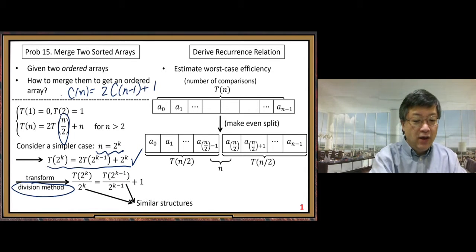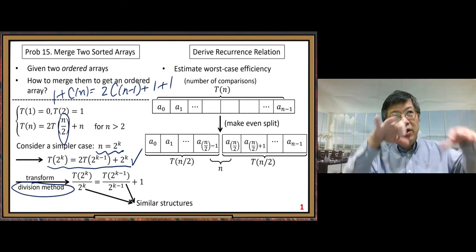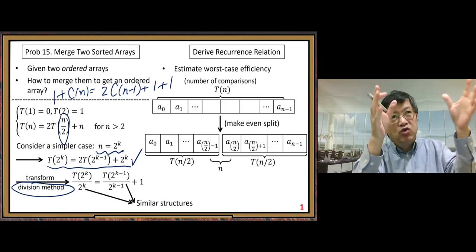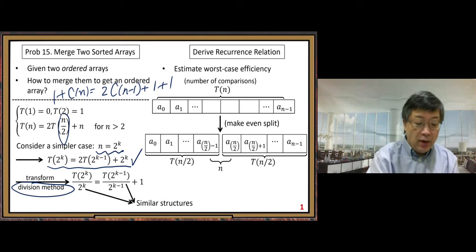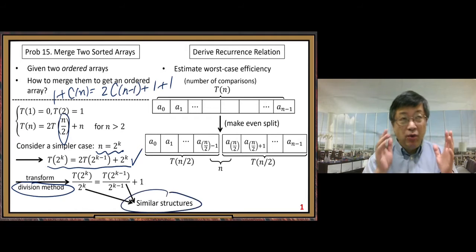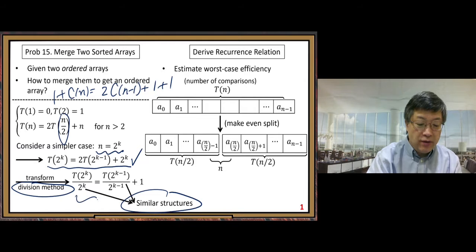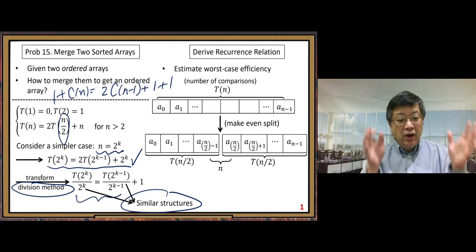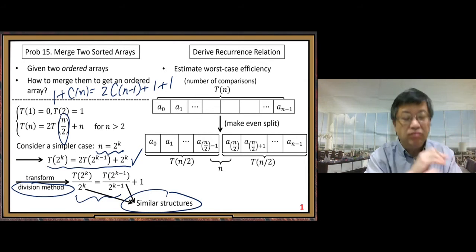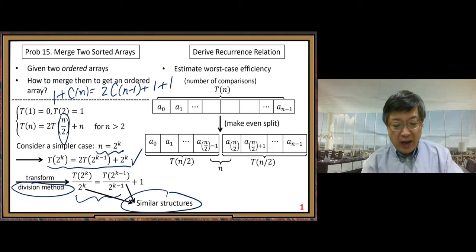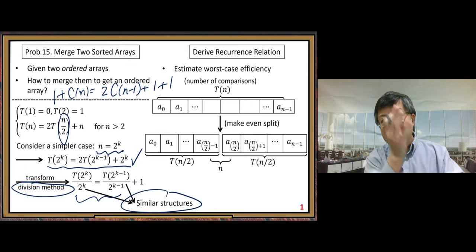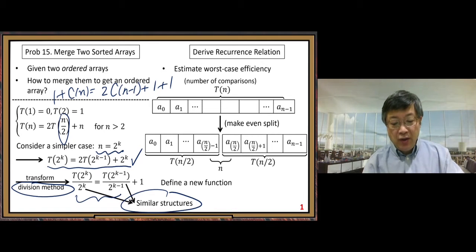In that one, we add 1 to both sides, to try to get a similar structure on both sides. Here, we also try to get similar structures on both sides, but in a structure like this, we have to use the division method.